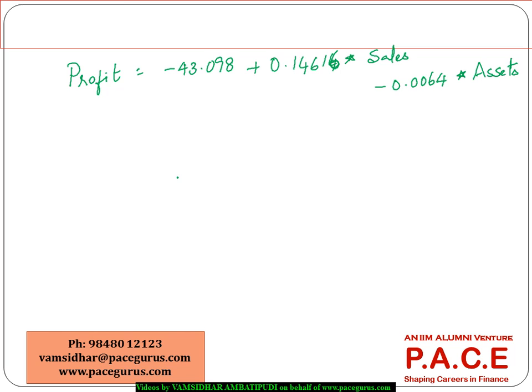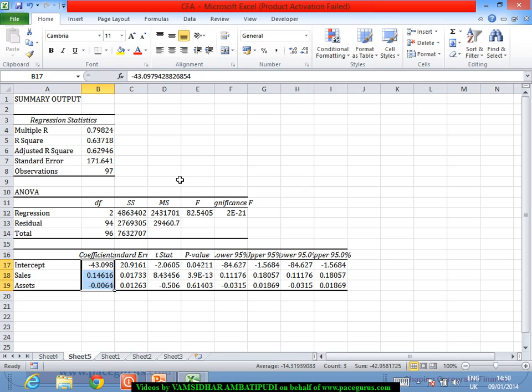If I have to predict the profit based on this regression equation, it works out to be this particular number. What are the various terms that we can interpret here? The intercept. How can we define the intercept?